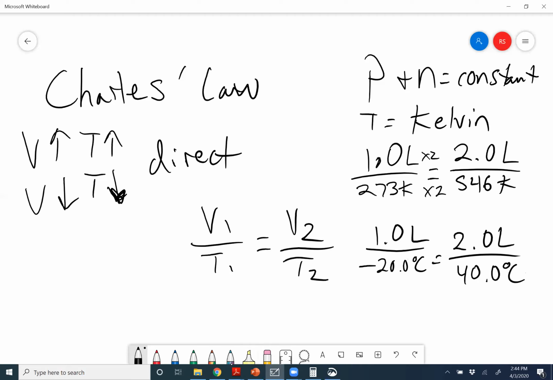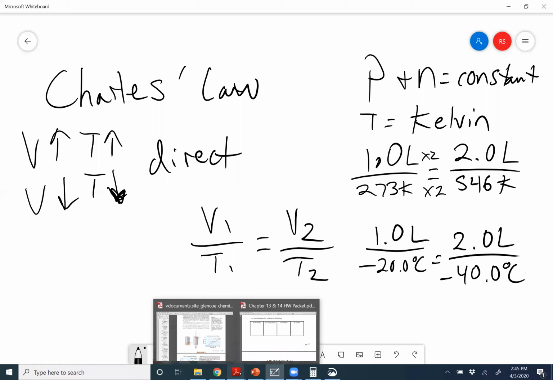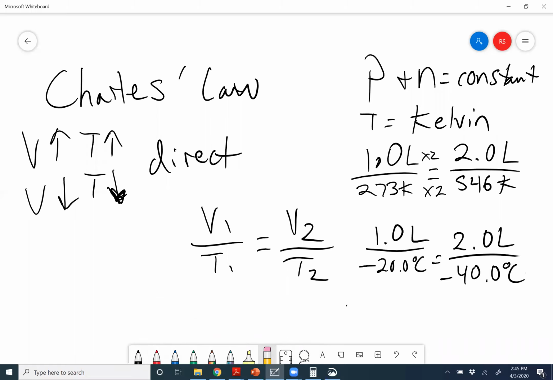Negative 20 times 2 should be negative 40, right? Well, that didn't work. It didn't get colder. What actually happened in reality is this got up to 256 degrees C. And again, that doesn't look like a good proportion.